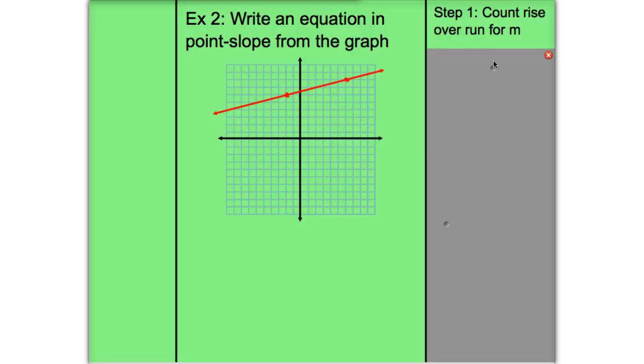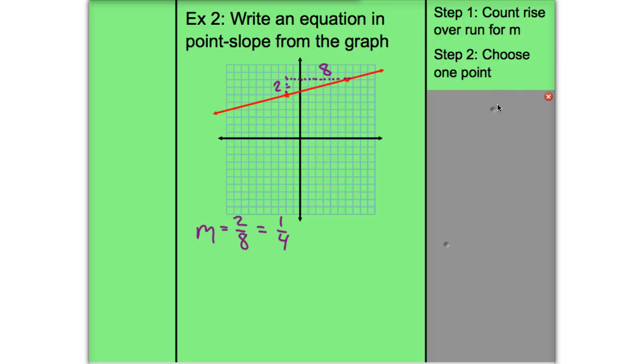From these two nice points we're given, I see a rise of 2 and a run of 8. So my slope is 2/8, which of course we always want to simplify. 2 goes into 2 and 8, so it simplifies to 1/4.